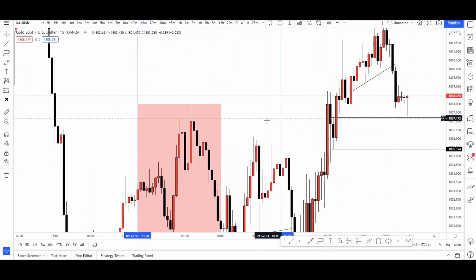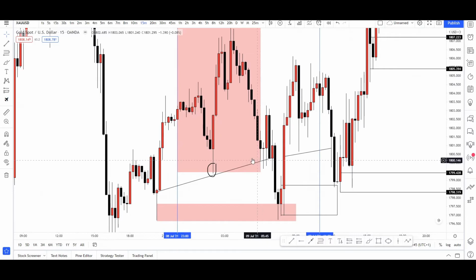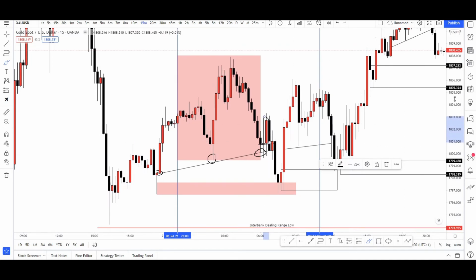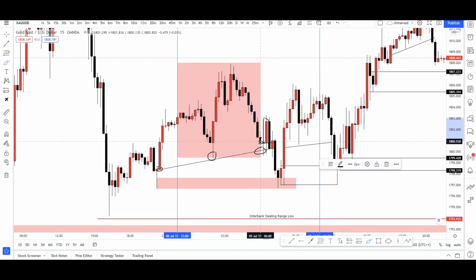In this case, you can see we have one, two, three touches. You even get a strong bullish candle right here, which is essentially inducing buyers, making them want to buy. I can guarantee you there are a lot of traders looking to buy here, especially when you get this bullish close.